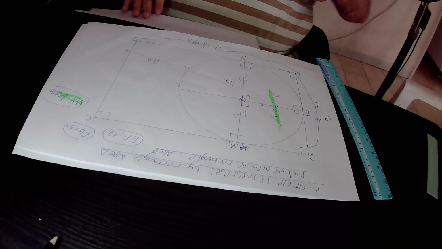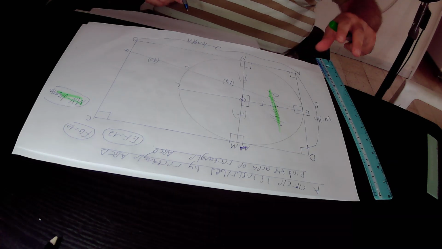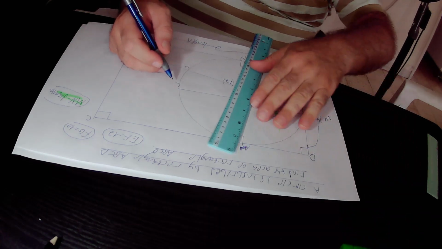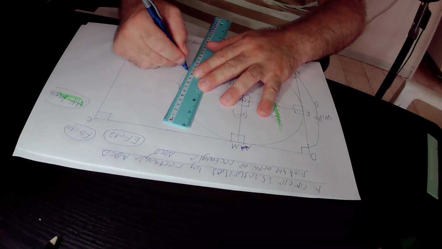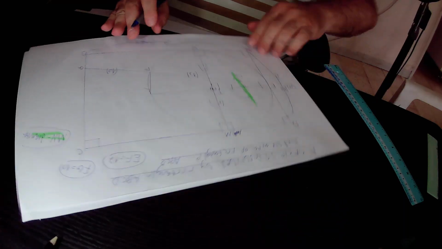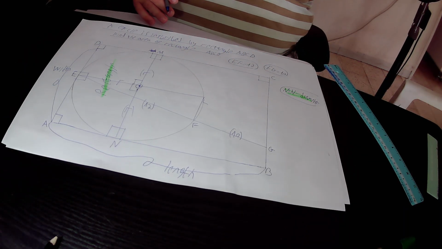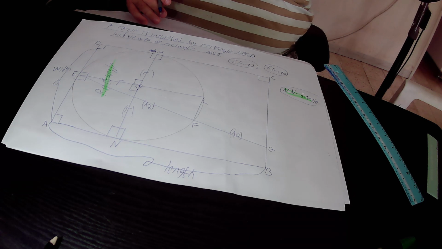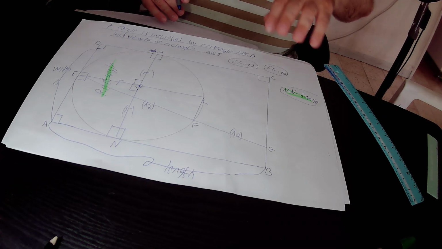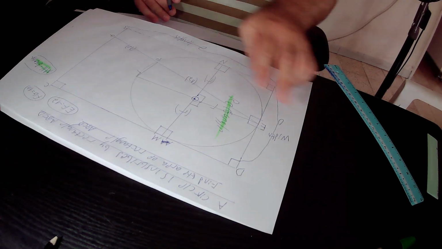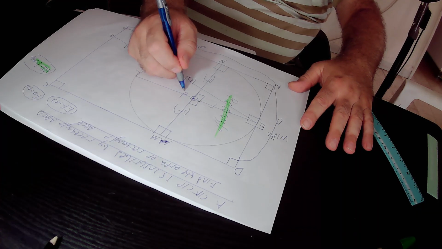In the next step, we'll join points L and F together by a straight line. By joining points F and L, we create peripheral angle EFL. So write it down that EL is the diameter of this circle.